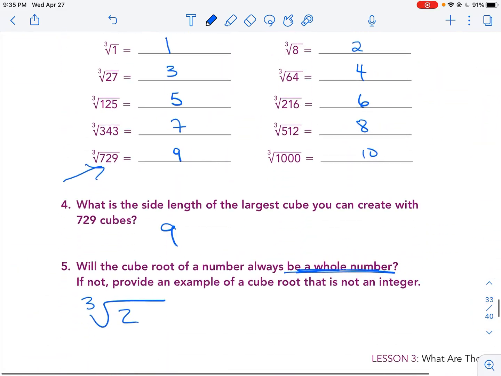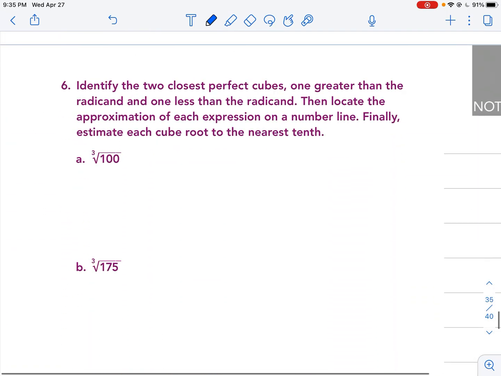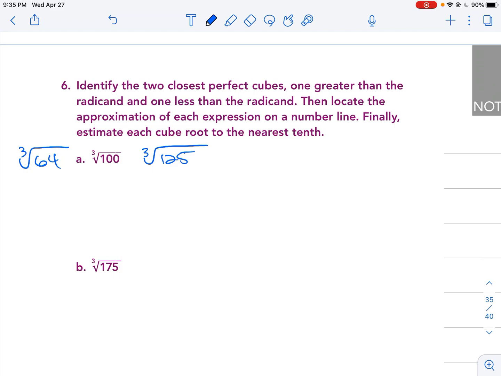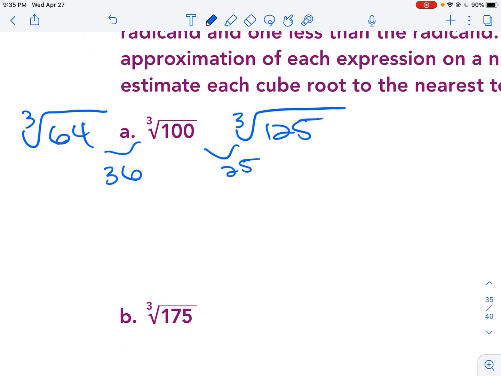So 4 to the third and 5 to the third. So this is between 64 and 125. Okay, this is 36 away, this is 25 away, so it's probably going to be a little bit closer to the 5. Not a ton closer, but a little bit closer. So, I don't know, 4.6?